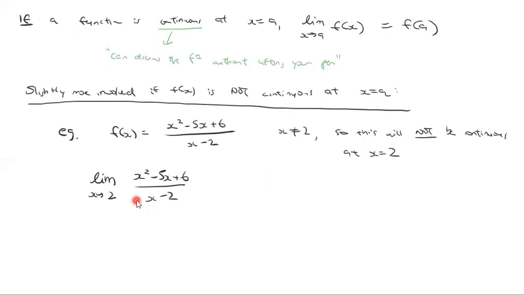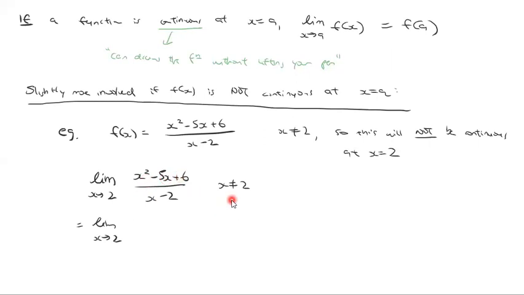One of the question types you're going to get is this one, where it's not continuous. But if you have a polynomial over a polynomial, then what you want to do is try to cancel out this x minus 2. So thinking about it algebraically, can you factorize the numerator for me?